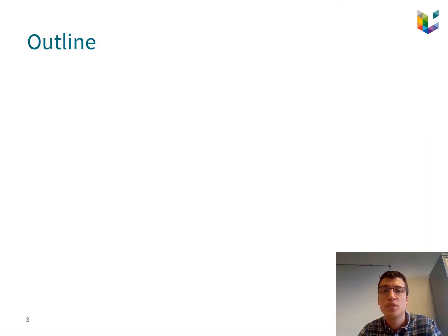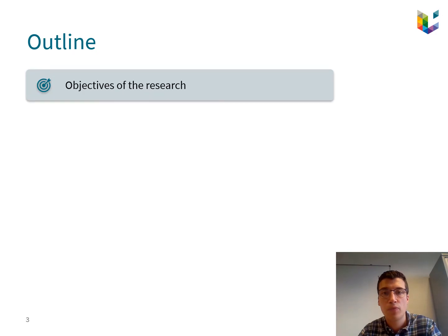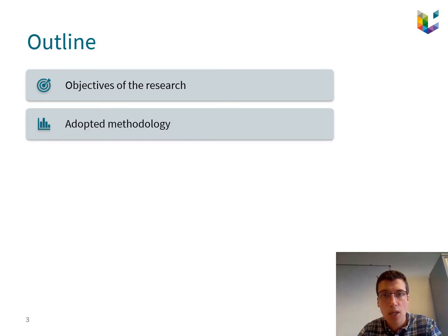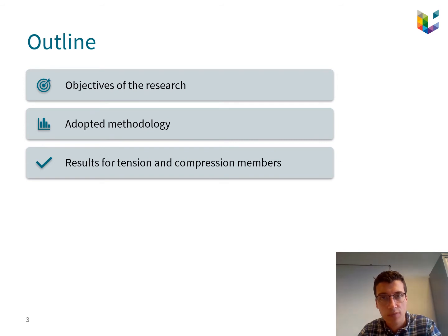The order of the presentation is as follows. First of all, I'm going to describe the several objectives of the research carried out at the University of Liège. Then I will describe the adopted methodology and show the result for tension and compression member.